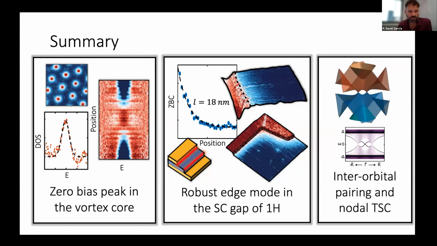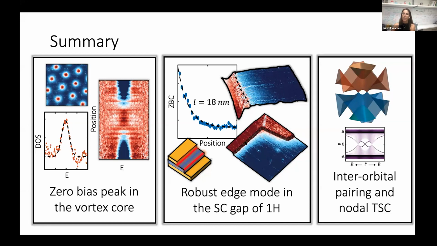Then we have another question by Sebastian Diaz. How could you probe the chirality of the 1D edge modes, perhaps using two STM tips? With this measurement, first of all, the system is time reversal symmetric, so we don't expect a chiral edge mode at the edges.